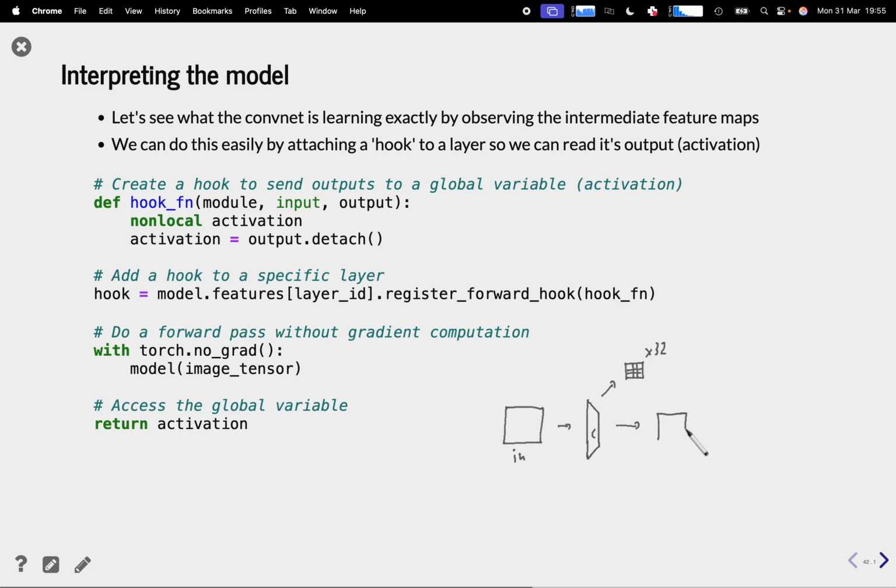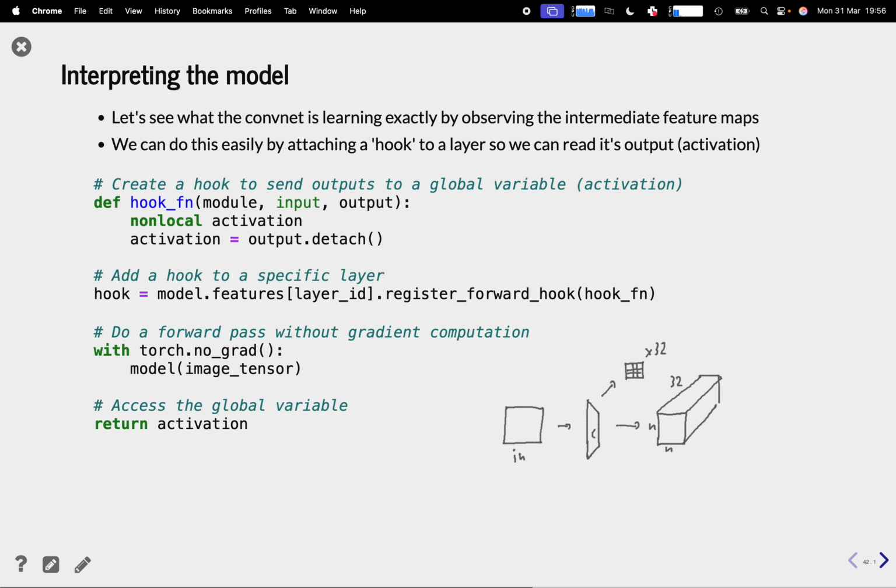So this filter will run over the image, change the input image in some way, and then the next filter will do the same thing in a different way. And so we'll end up with a tensor which is more or less n by n, maybe like n minus 1 by n minus 1, and then has 32 output channels, one for each filter.